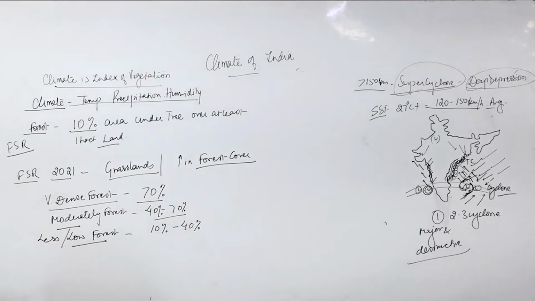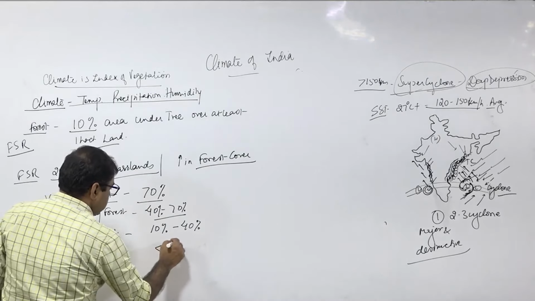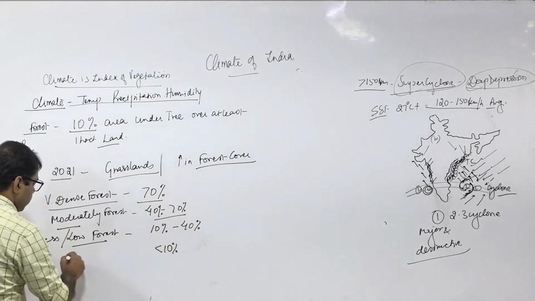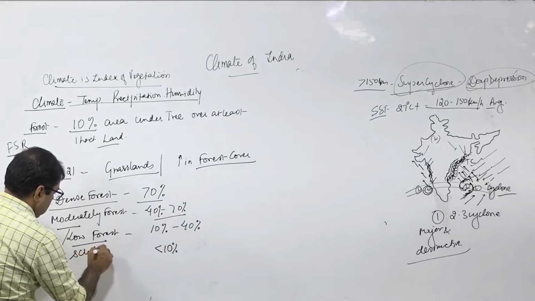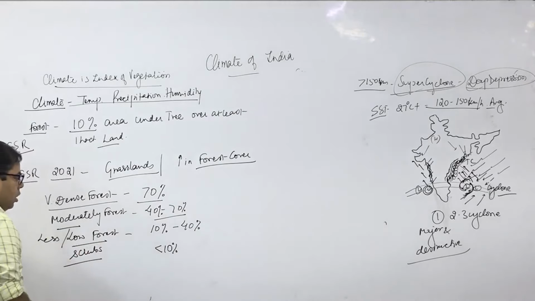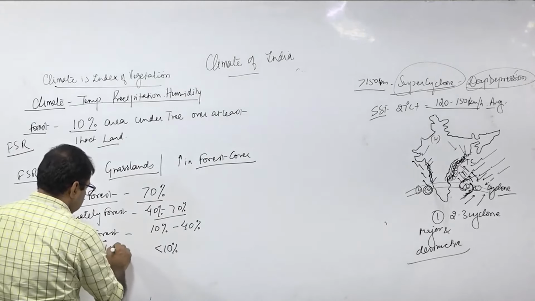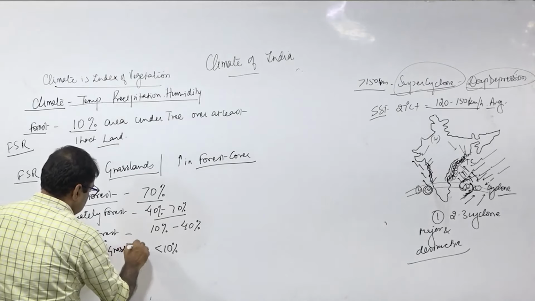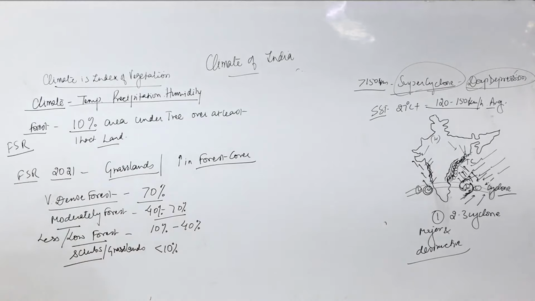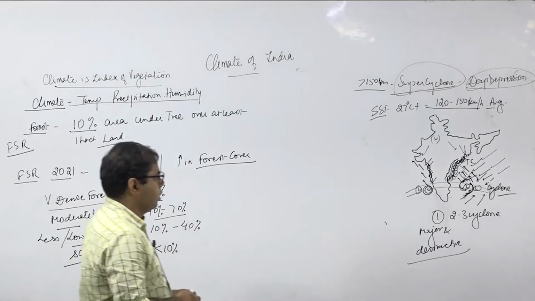10% to 40% area under forest cover is called less forest, or low forest, right. And less than 10% has been included in shrubs and grasslands, right. Clear?